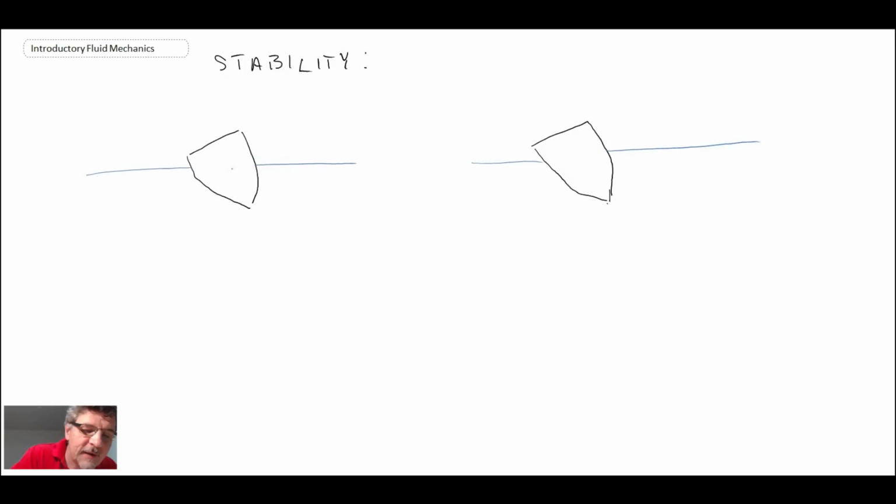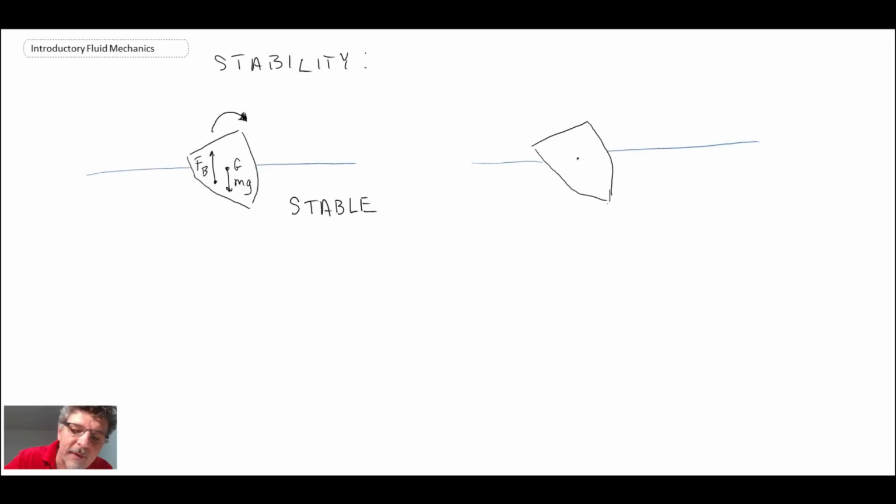Now imagine the scenario where the weight, so the center of gravity of that object, is there, and let's say the buoyancy force is acting here. That would be a case where you would have a moment acting in this direction, and that would turn the object upright, so that would be a stable situation.